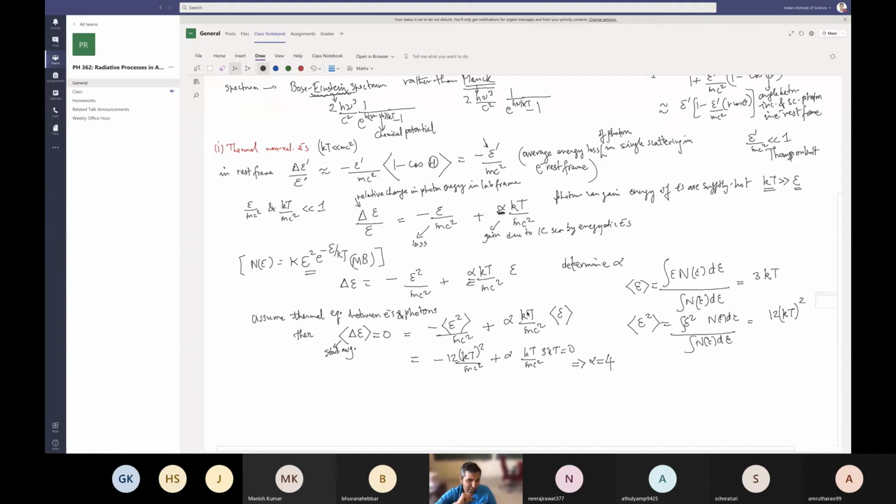So we said that we have to determine this alpha, but we have applied the same equation and asked what if we approach equilibrium? In equilibrium, there should be no exchange of energy between electrons and photons. If there were an exchange of energy, that means the system is not in equilibrium. So this is a clever way of obtaining this alpha. There are other ways as well, but this way is quite simple.